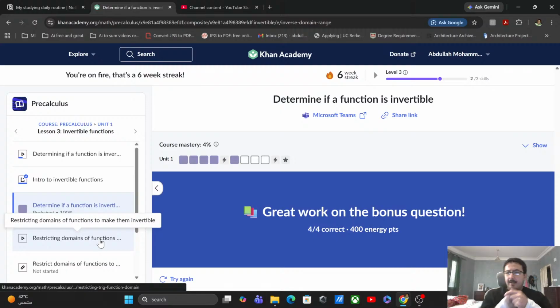Restricting. I don't know if we should, I think we should go at this very fast. I'm not sure. I think this is enough for one day.